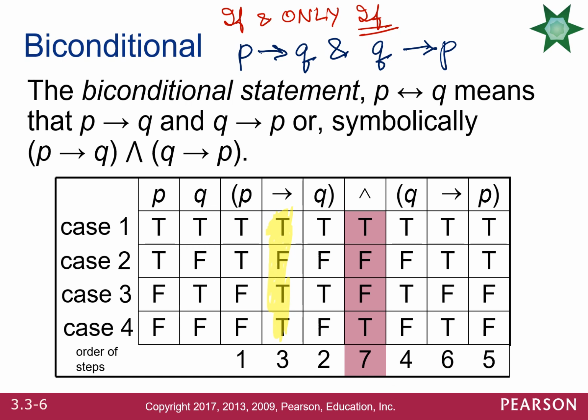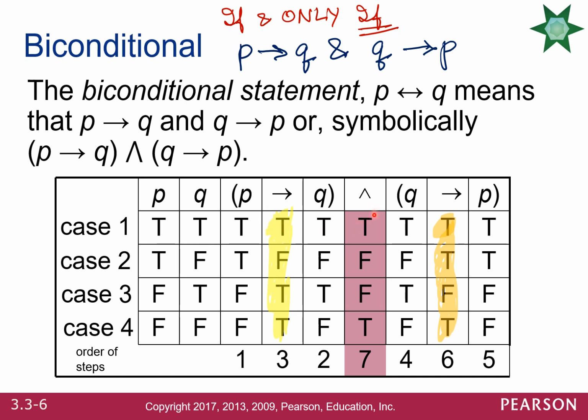So I'm going to highlight this because now we are going to take the AND, or the conjunction, of these two columns of truth values under the arrows. But this time we are evaluating AND, conjunction, so we have to use the truth table for the conjunction. All right, so let's go through this first.